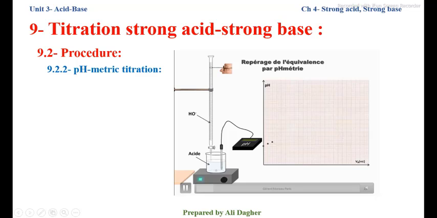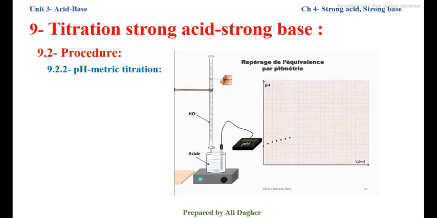When we add base, the pH increases. The pH first increases slowly, then increases rapidly, and the curve makes a jump of pH.